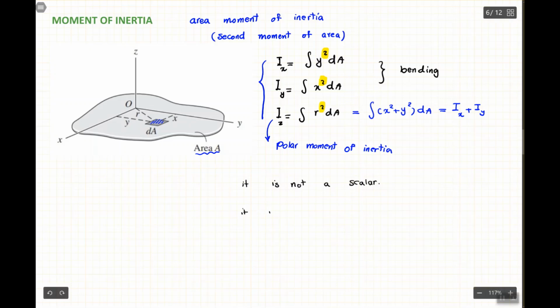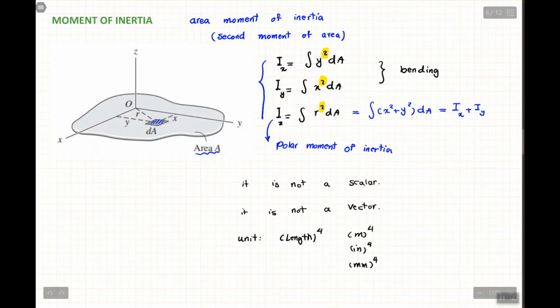So it is also not a vector. It is something between these two, but later I will discuss it more. For now, just keep in mind it's not a scalar, and at the same time it's not like a vector, more like a force. And its unit is length to the power 4. So it can be meter to the power 4, inch to the power 4, or millimeter to the power 4, right?